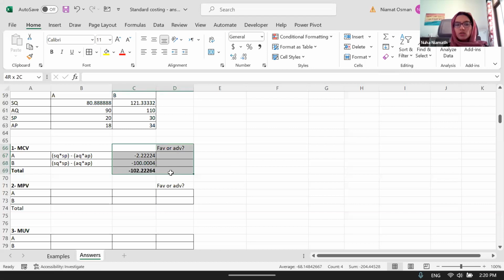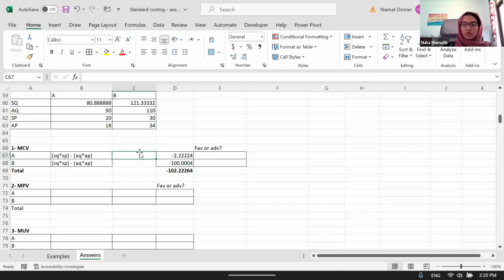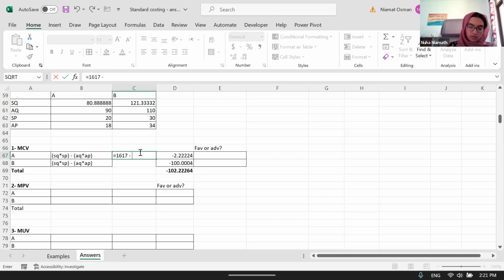Okay, let me make another column here. SQ into SP, which is 1617 minus 90 into 16.